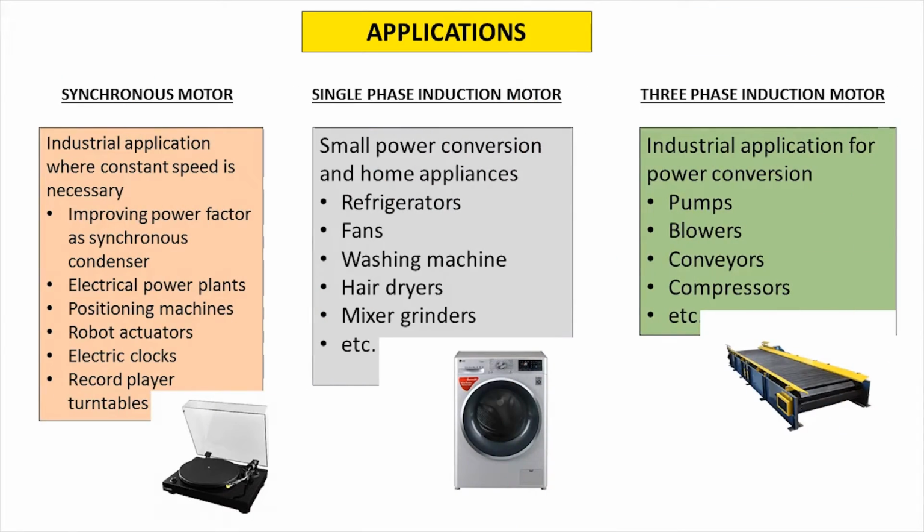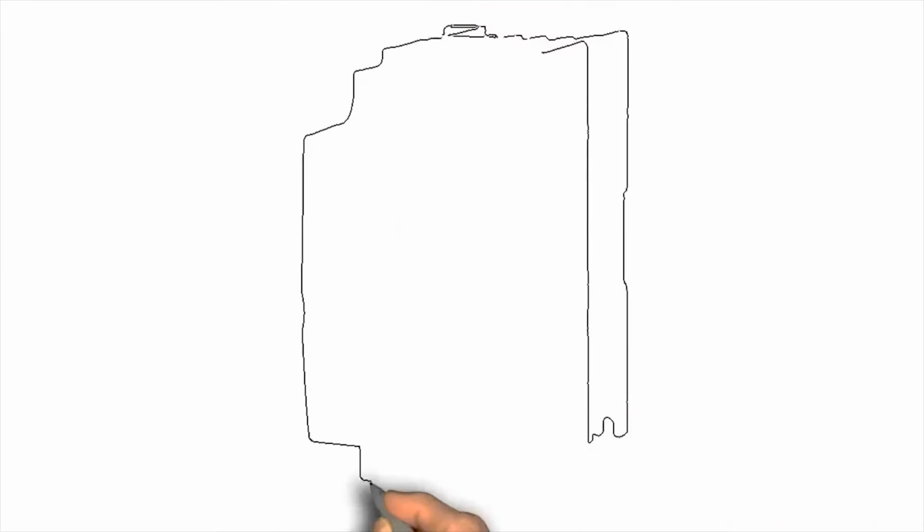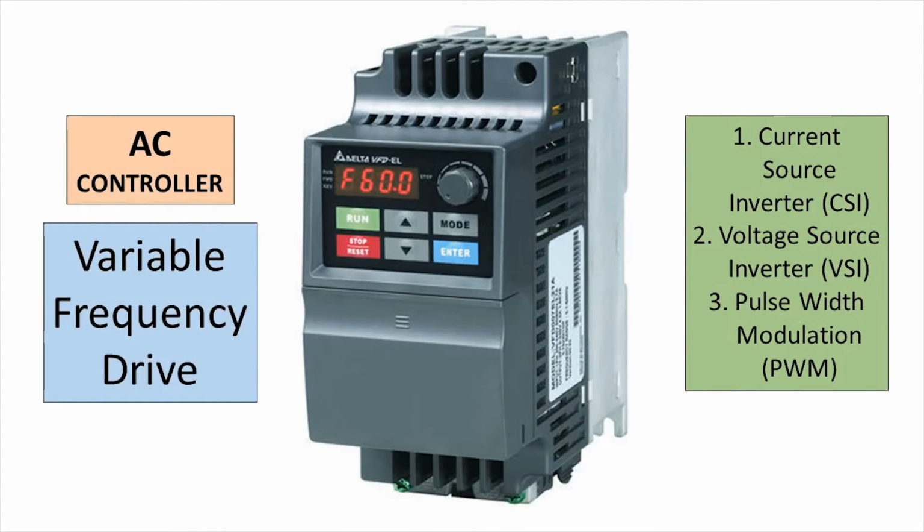Okay, moving on. There are a lot of applications of AC motors in our daily lives. As in the slide, we can see examples of applications classified according to the types of AC motors. Next, let's look at the AC controller that we normally use to control an AC motor, which is the variable frequency drive or VFD.